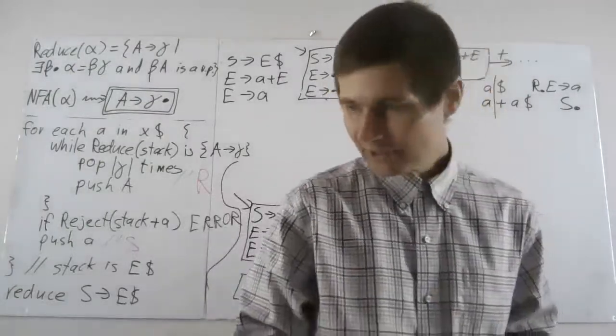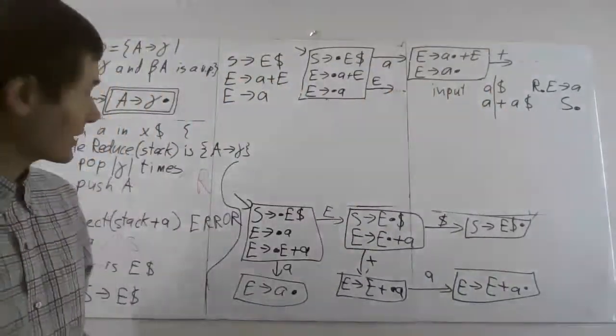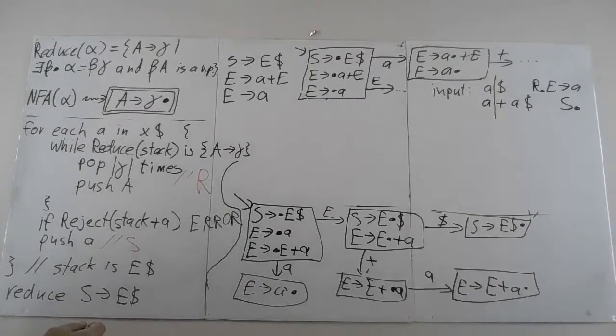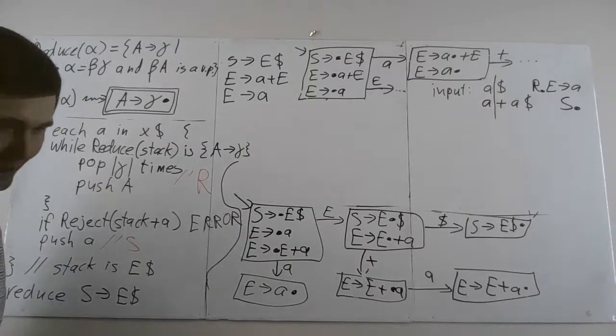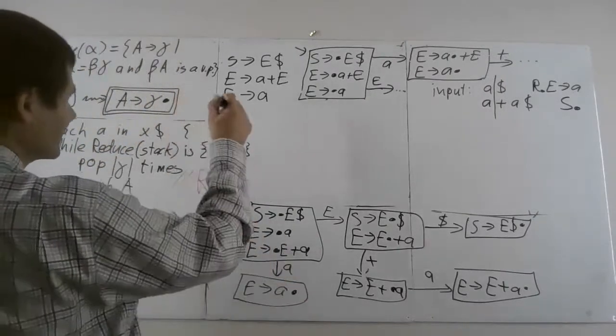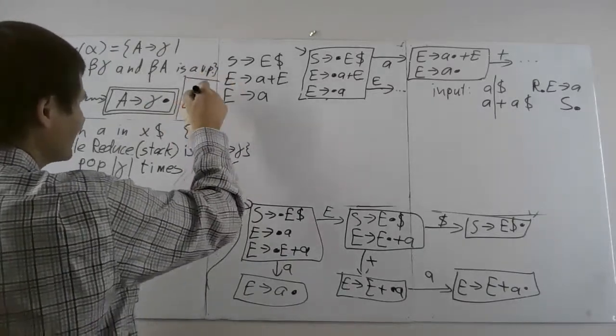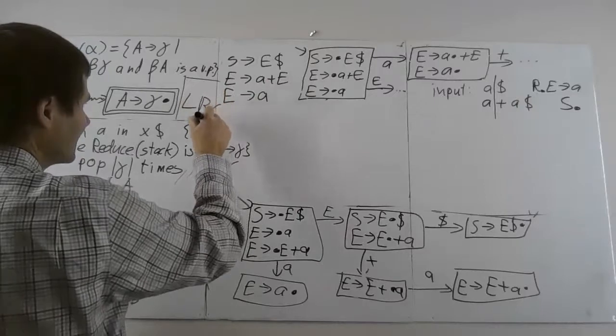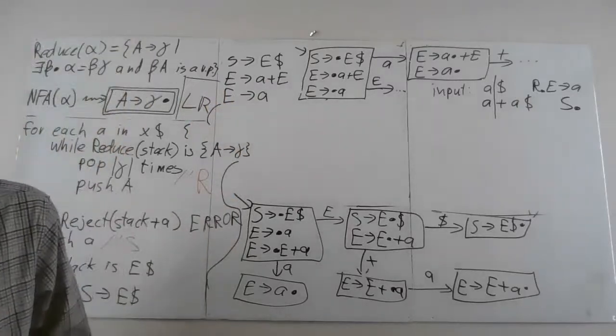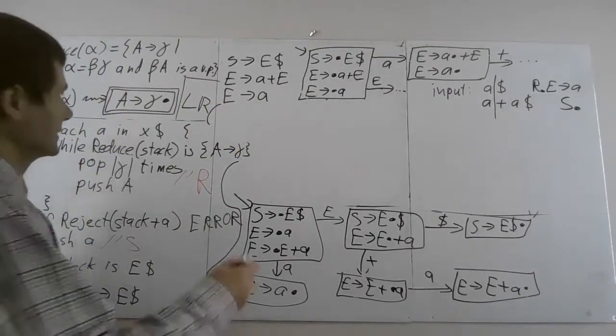And now I'm going to give you the LR1 parsing algorithm. And I want to write LR1 somewhere. All right, let's do it here. So LR, and then in red I'll put 1.